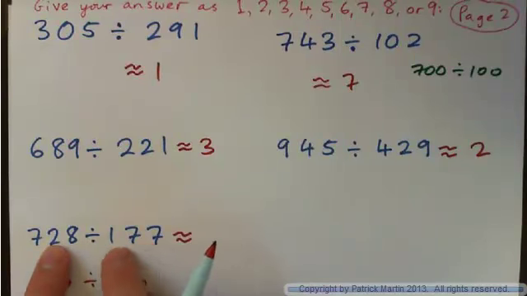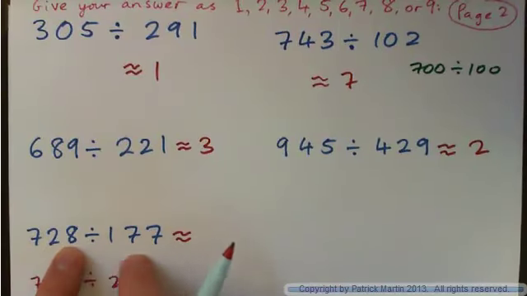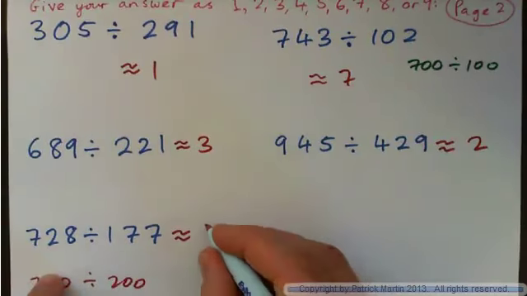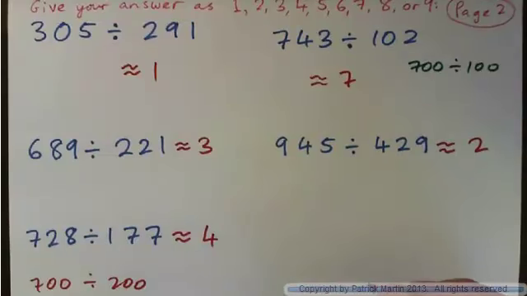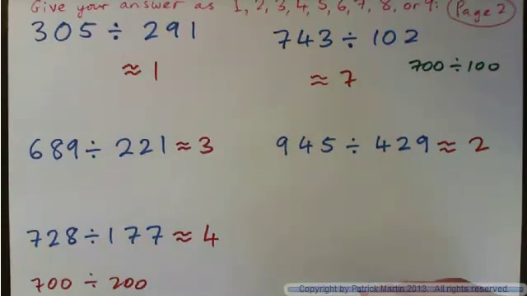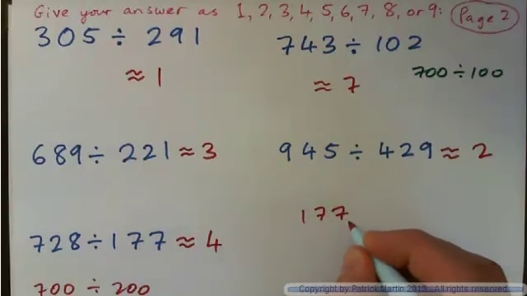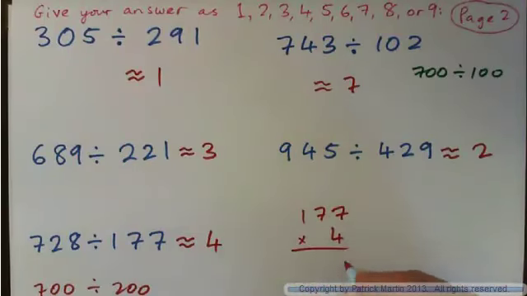Because I'm just thinking about 4 of these would fit in here. So this would be approximately 4. You shouldn't really have to check it, but if you were to check it, I can't really see this one that clearly. 4 times 728, carry 2.